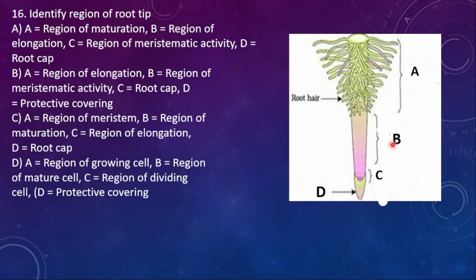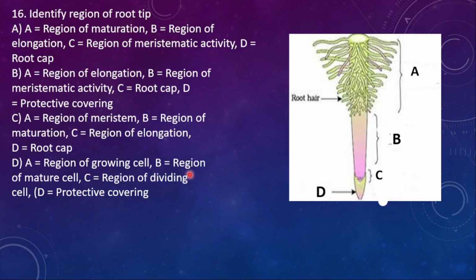B, region of elongation is also correct. Region of meristematic activity, root cap. If I know only root cap, where is D? D is root cap, here it is. Among A and C, I will be getting confused. If I know region of meristem or else maturation, then I may get clear. So that's how you can choose your right answer with the elimination method.